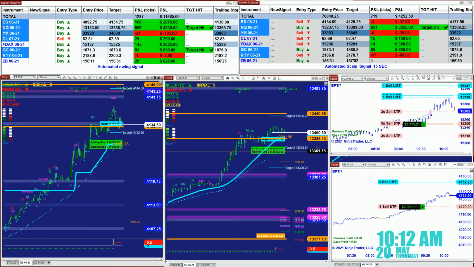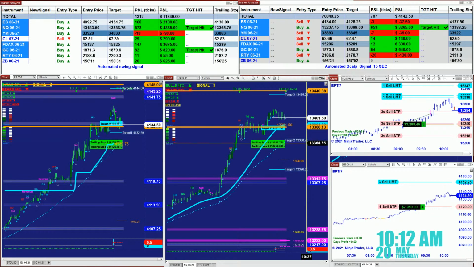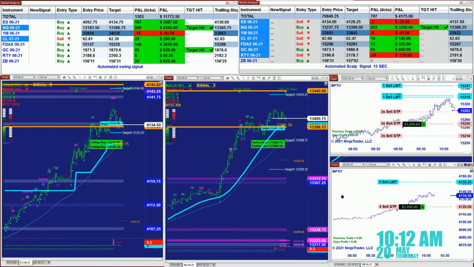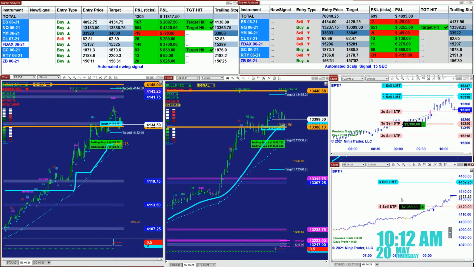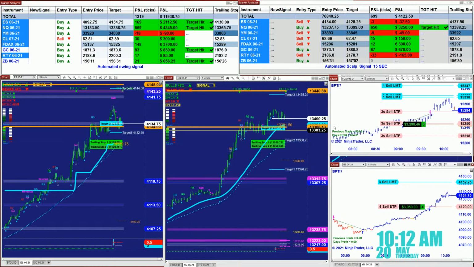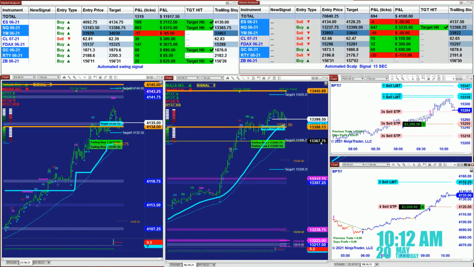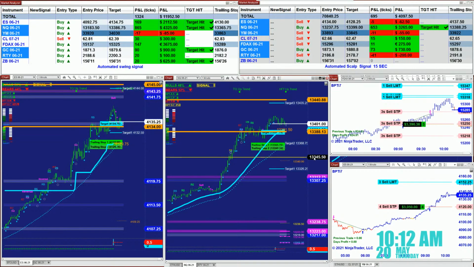As we see here on the NASDAQ also, it's coming to the re-entry point, and the system recalculates for you where the re-entry point is.